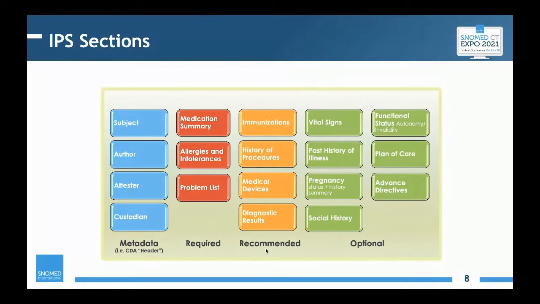Immunization data may be extremely important, but it is in a recommended and not required section. There's also information about procedures and medical devices that the patient may have implanted or be using otherwise, and also important diagnostic results. Then the optional sections are other items that may be deemed to be particularly useful in a care setting, and they may or may not be present, and you can see those on the slide.